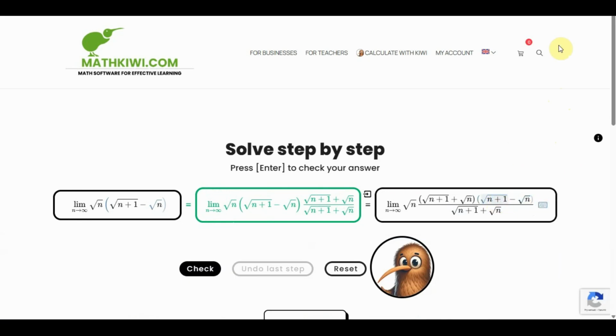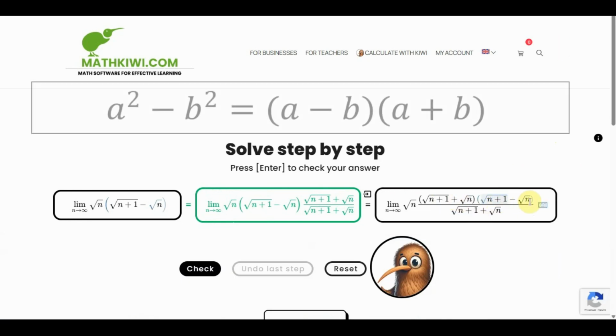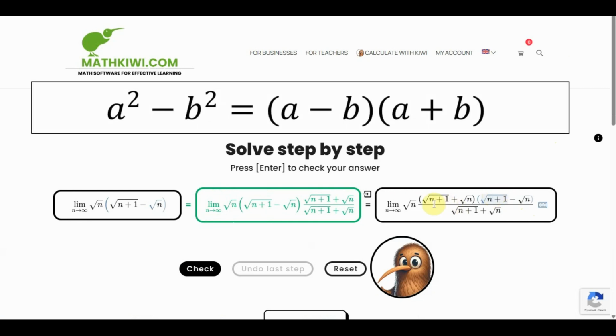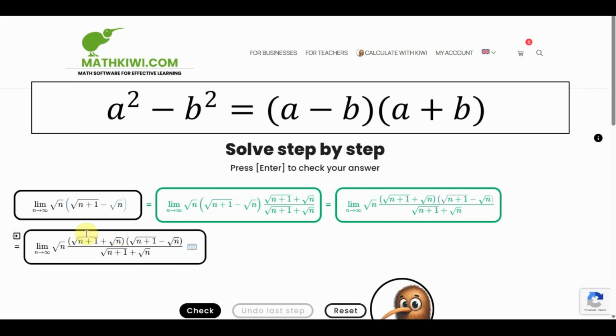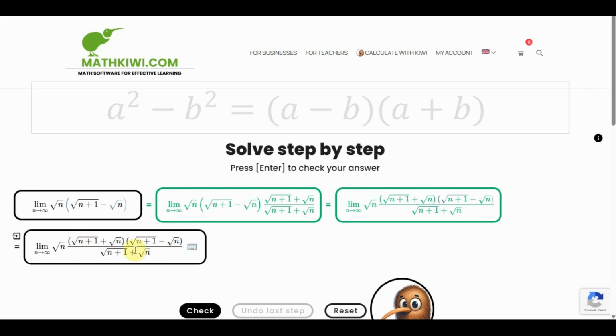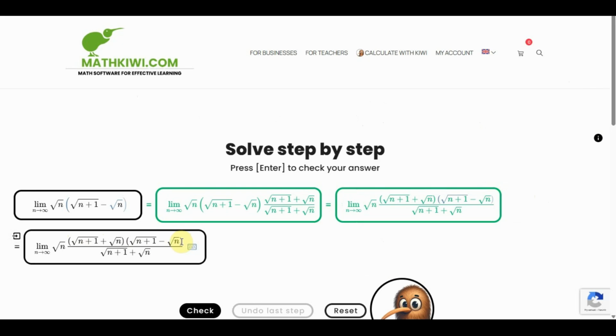And perhaps you will already notice that here is the formula for the difference of squares. The one for a plus b times a minus b, that it is a squared minus b squared, right? So instead of this here in the numerator, I can write that it will be the first root squared minus the second root squared.